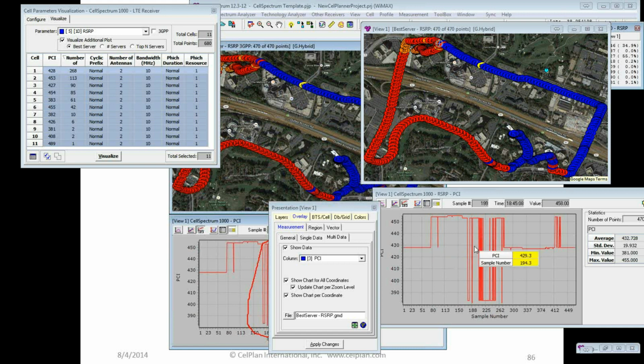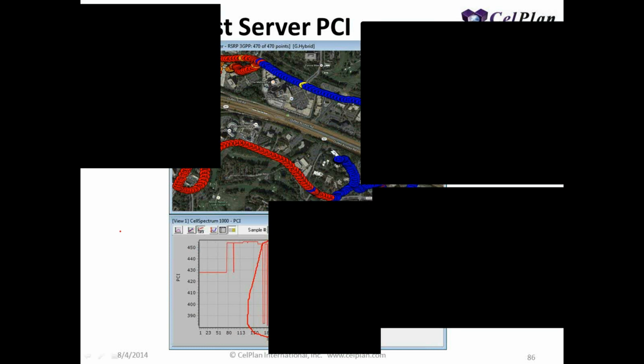So basically in this area, something needs to be done, another site, or adjustments, and so on. And then we have another area here that also has changes on the best server. So this is a very, very powerful graph. And because we are displaying it and we have everything synchronized, it's very easy to analyze and look into it.